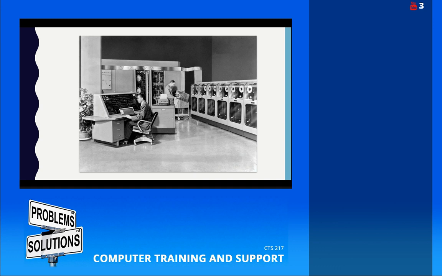And you can see that the computer here uses vacuum tubes, uses all sorts of different circuits and arrays that are huge. It takes up the entire room. And that's what a computer was 70 years ago, 60 years ago.